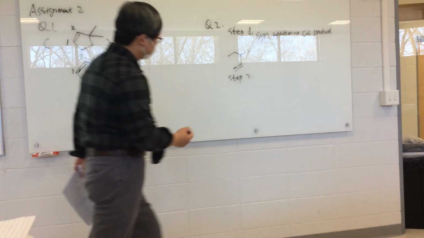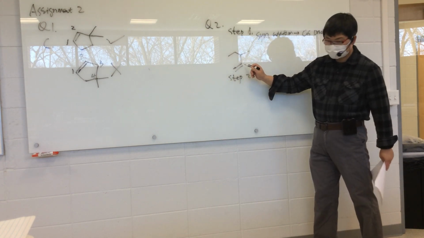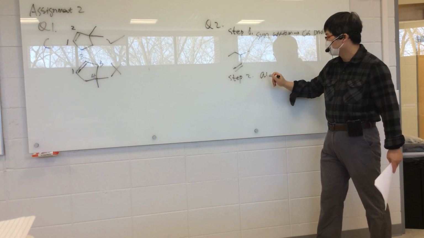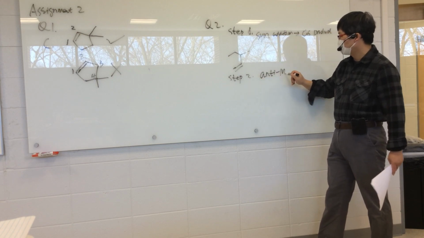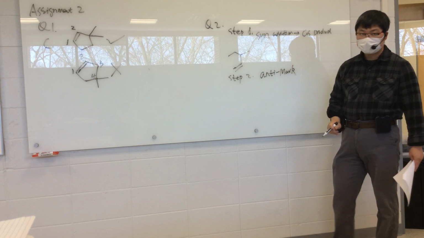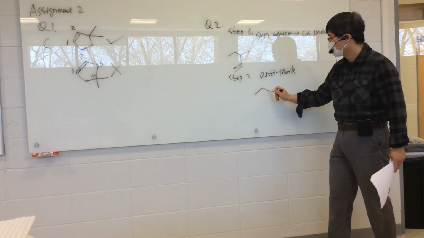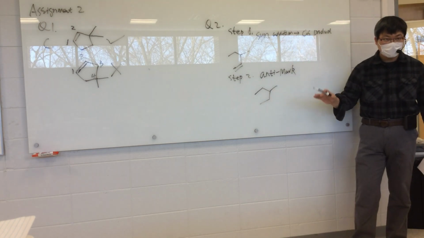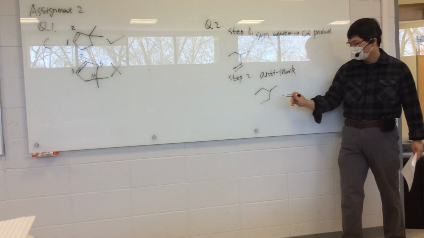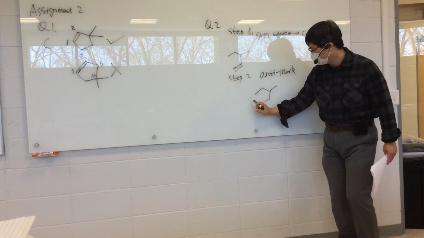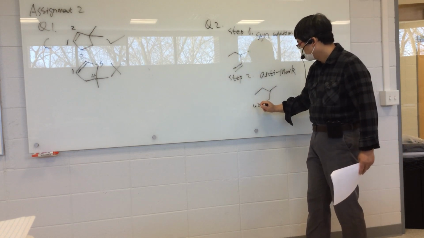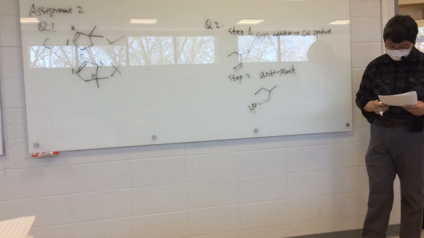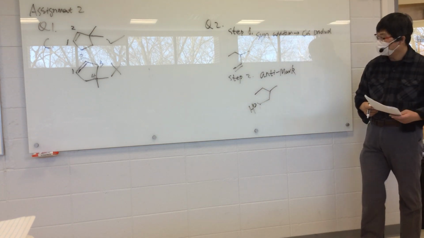So it's anti-Markovnikov, then the hydrogen will go to the carbon with the least hydrogen. Hydrogen here, the OH group will come here. So the answer should be E.